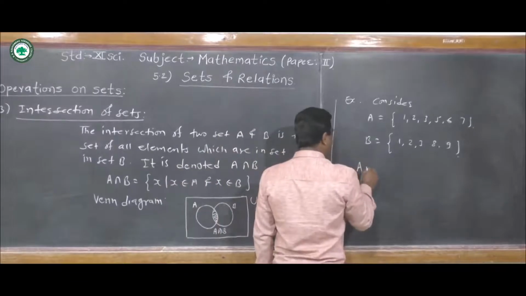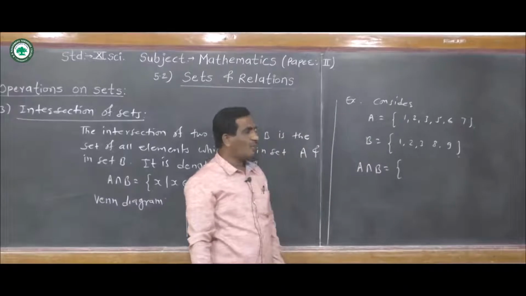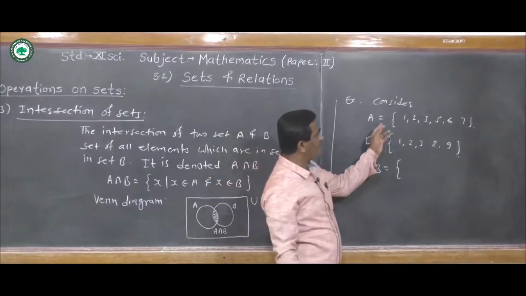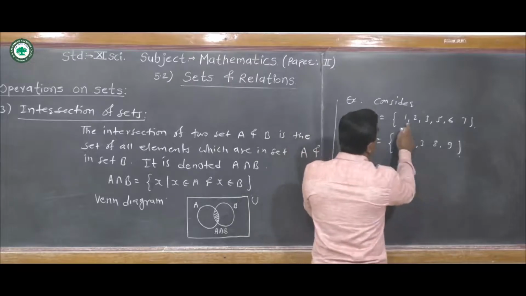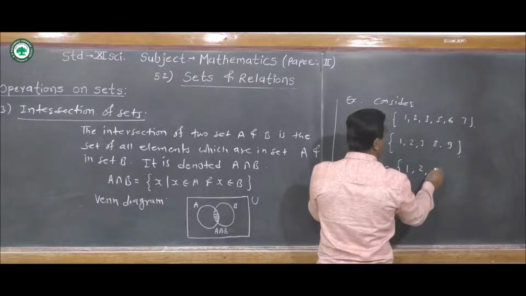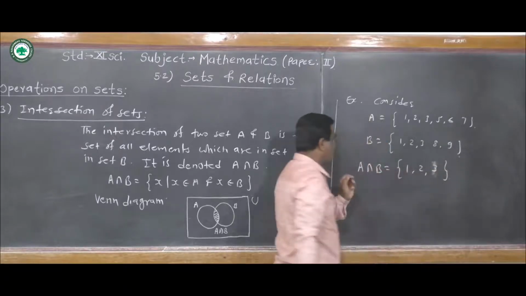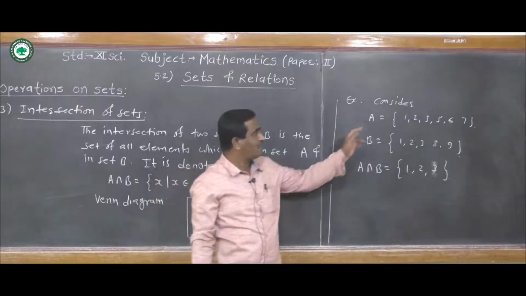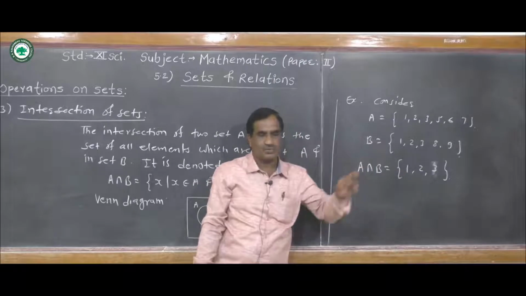That is, A intersection B is equal to the set of all those elements which belong to set A and set B. Now these elements are 1, 2, and 3. A intersection B is equal to, in curly bracket, 1, 2, 3.